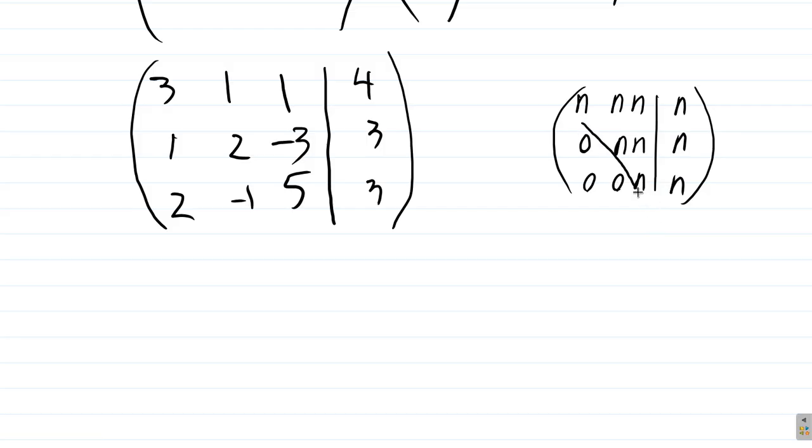So you want these 3 zeros right here. Row 3 will automatically tell you what z is. You put z in row 2 and find y. You know y and z already, so you put y and z in row 1 and find x. Alright? So you want to make a 0 right here.